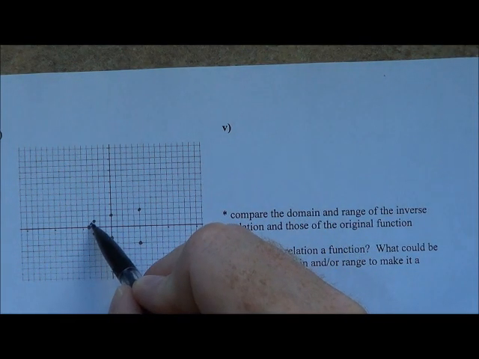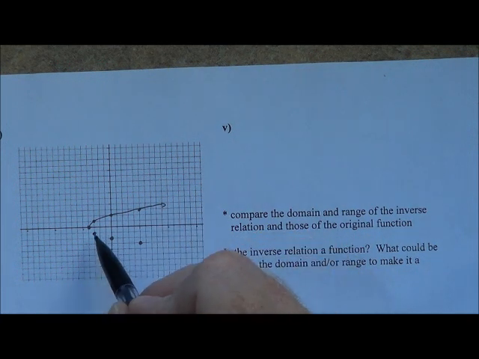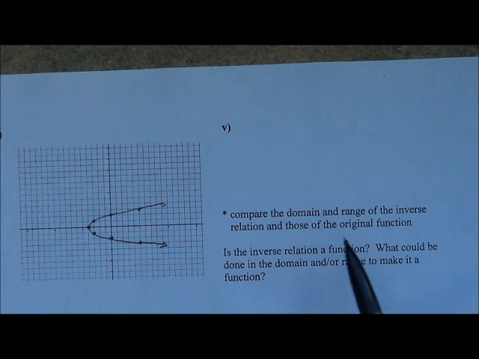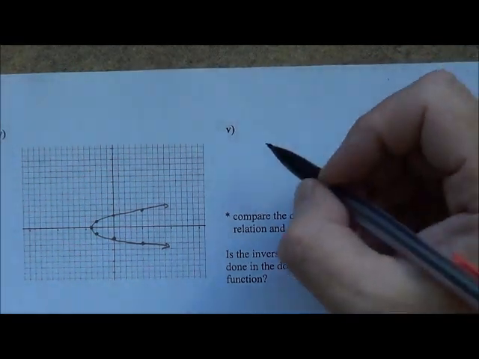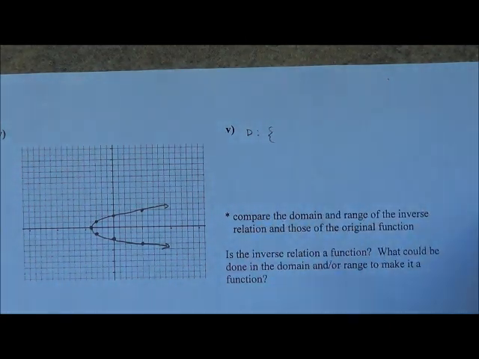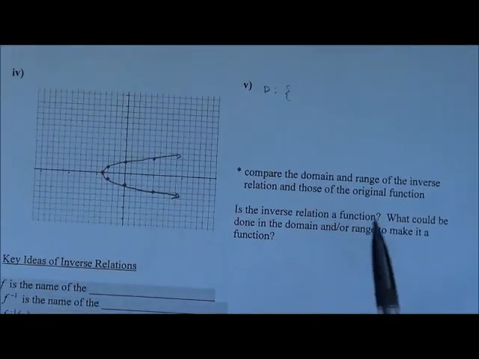Okay, and then we just graph that. And then we'll do the domain again. Now look at the domain here. What's the domain of this function? Please pause the video and look at that domain.